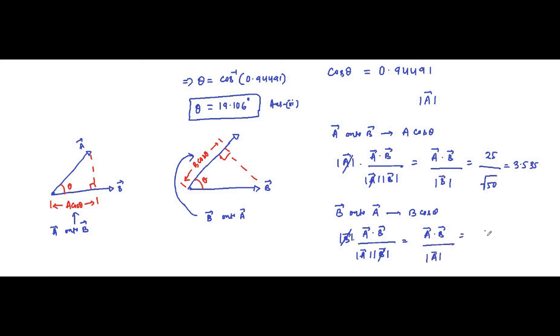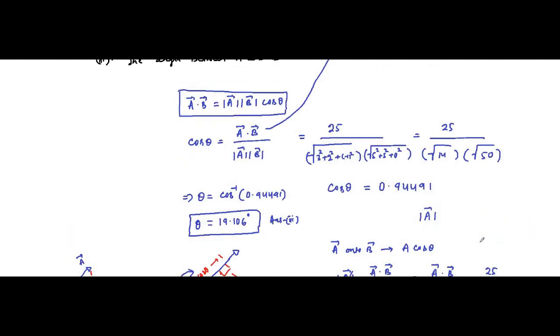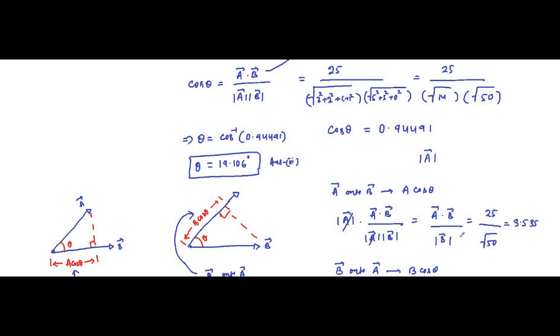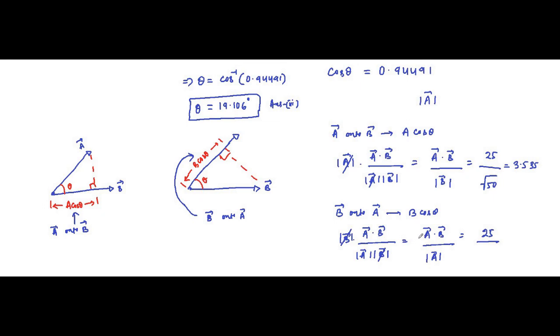So here the dot product in the numerator is 25, and A vector modulus we have calculated, it is root over of 14. So the result is coming around 6.681.